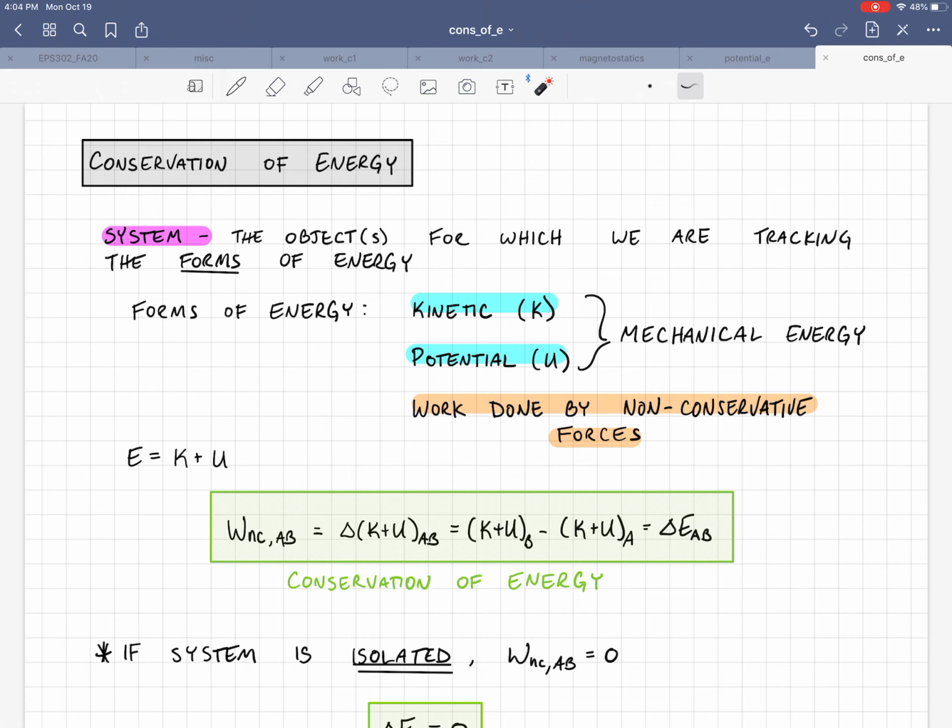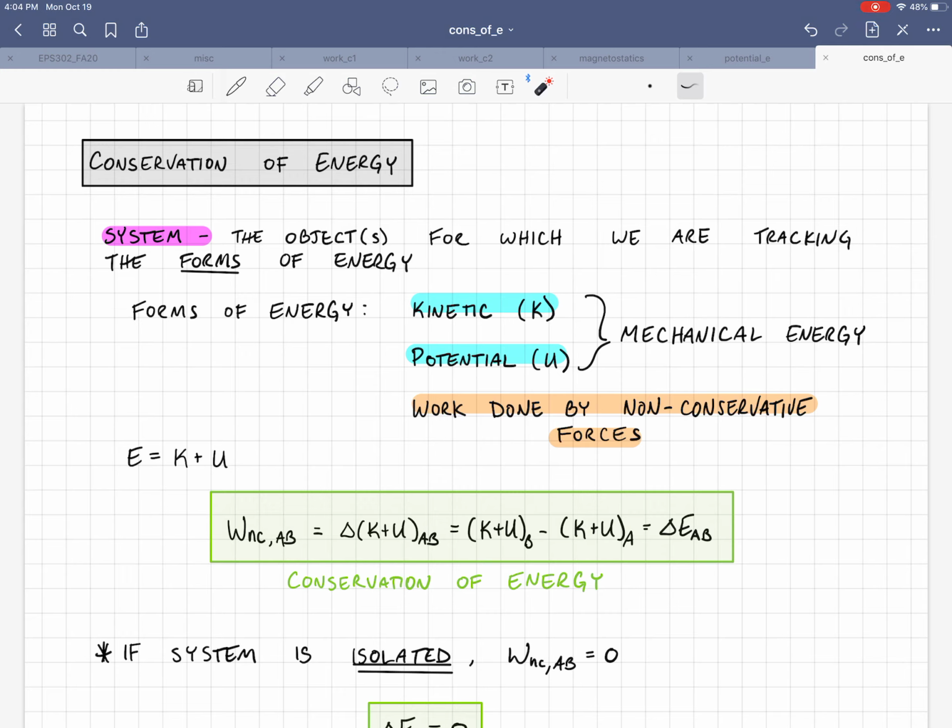Forms of energy that we're going to see, well, two that we've already talked about: kinetic energy, the energy associated with the motion of the objects in your system, and then potential energy. We've talked about conservative forces. Those forces have associated potential energies that we can catalog.